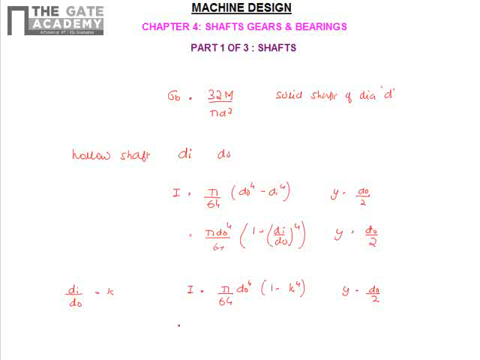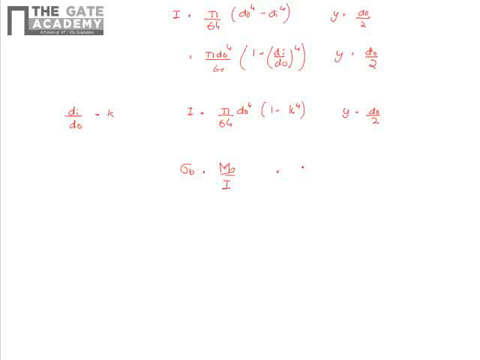So in this case, what will be the bending stress? Bending stress sigma will be given as M y by I, that is equal to M into Do by 2 divided by pi Do raised to 4 by 64 into (1 minus k raised to 4). Now this can be written as sigma b is equal to 32 M by pi Do cube into (1 minus k raised to 4).